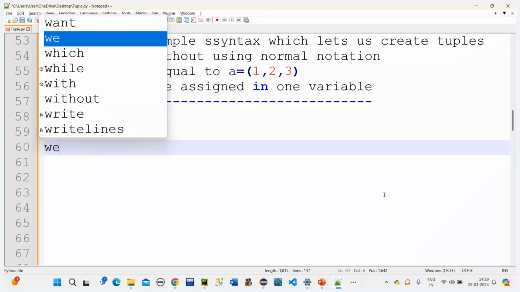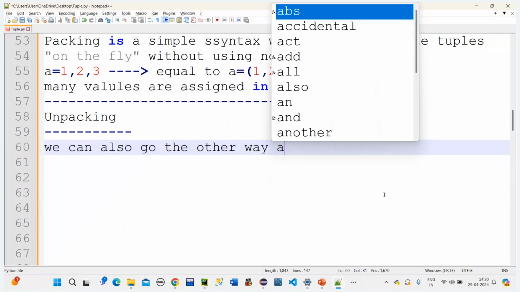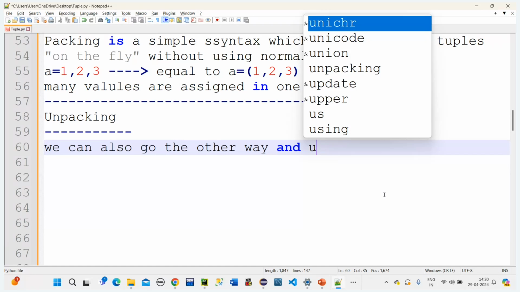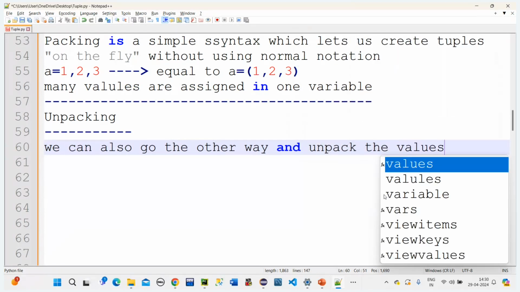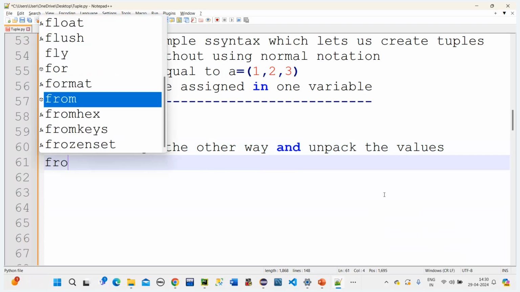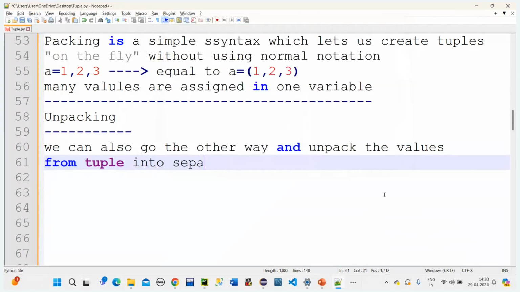Now we can also go the other way and unpack the values from the tuple into separate variables.